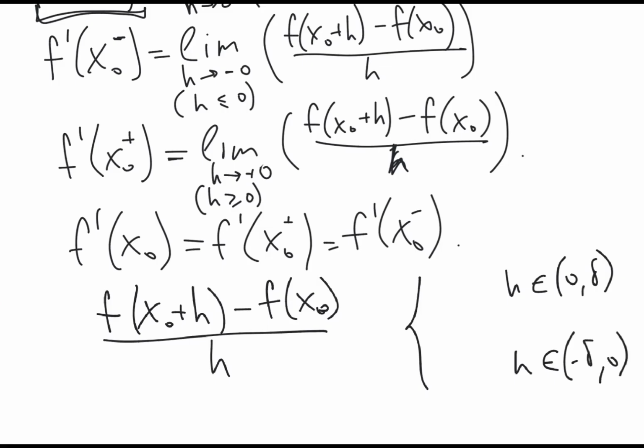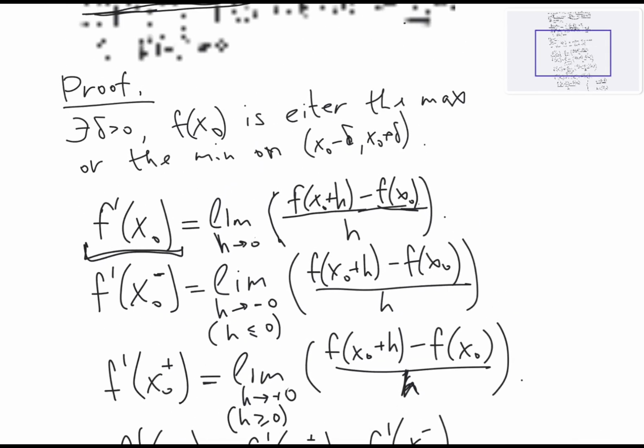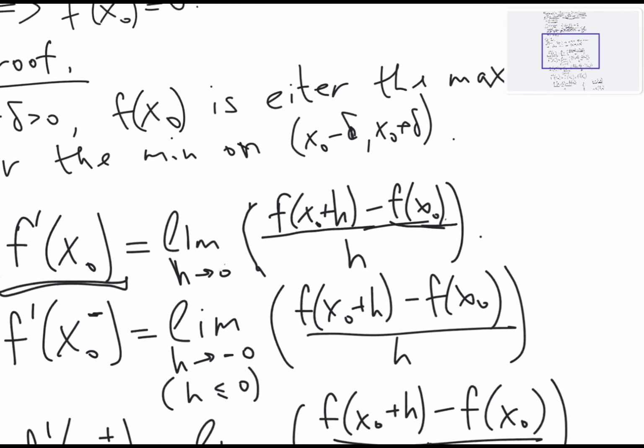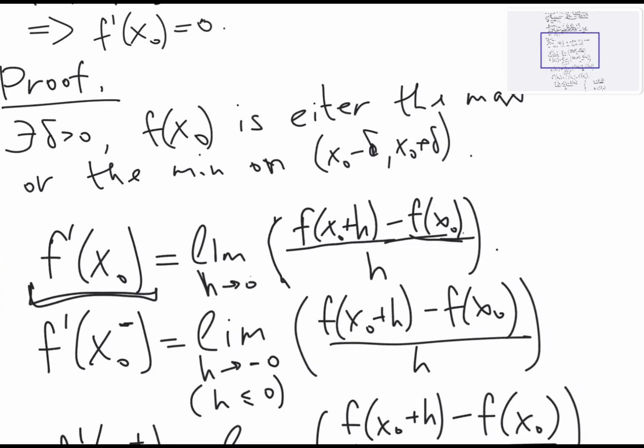When h is positive and less than delta, then this expression would be... So let's assume that f of x0 is a local maximum. The local minimum case would be considered similarly. So either the maximum or the minimum on this interval.